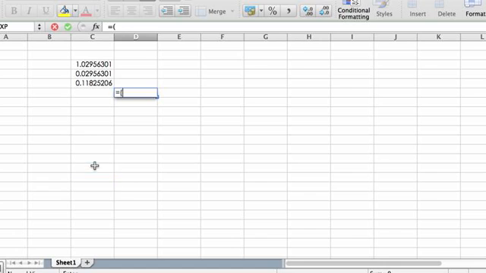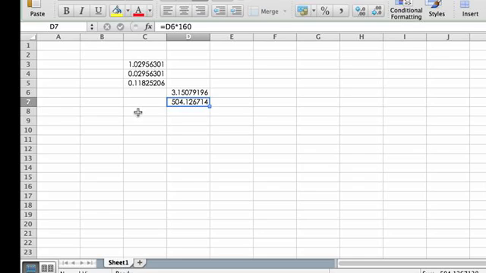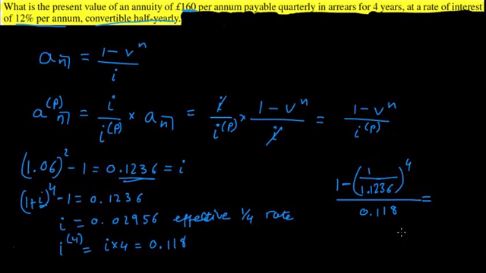Let's work out this present value in the calculator. We start off with 1 minus, in brackets, 1 divided by 1.1236 to the power of 4, close brackets, divided by our pthly interest rate, which gives us 3.15.